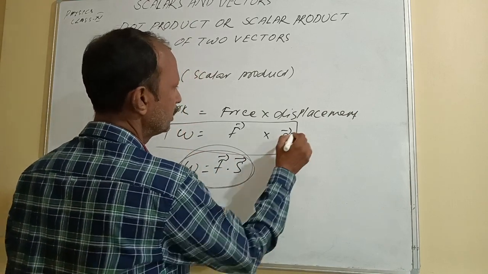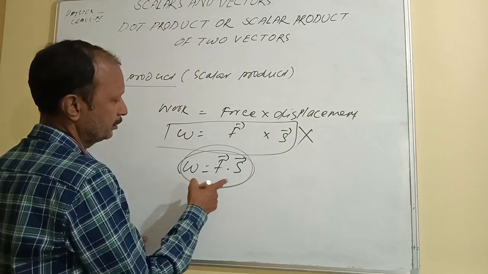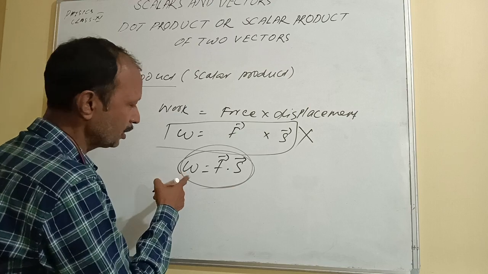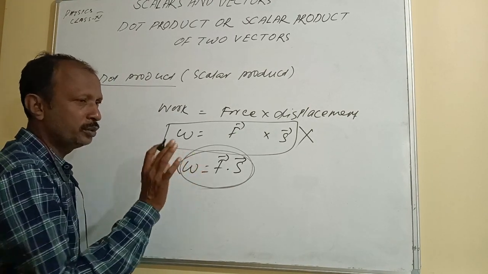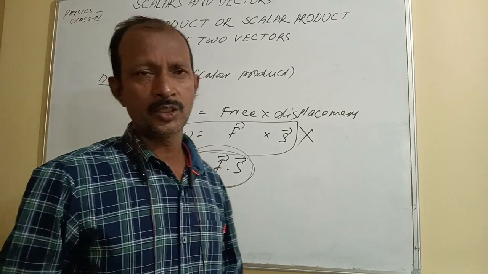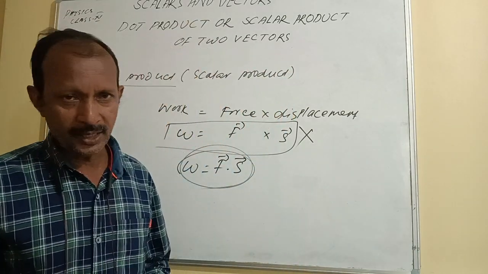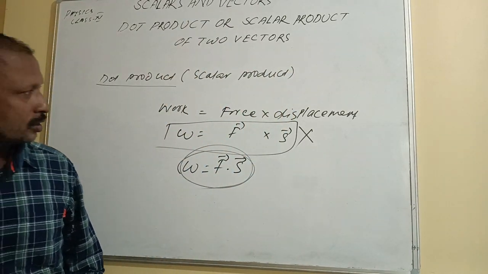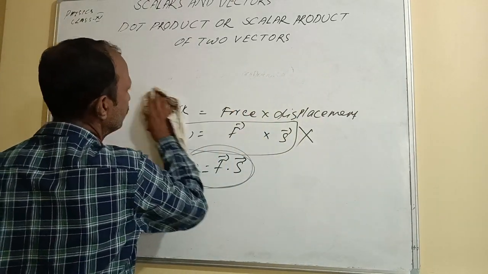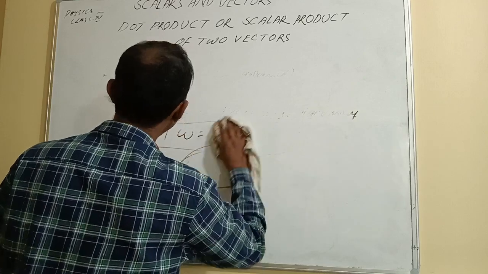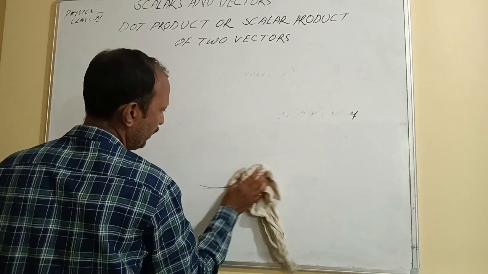Here I have written cross product. But since the result is a scalar quantity, I have to use the dot product. So today I am explaining the dot product of two vectors. Already I have written the heading, dot product of two vectors.